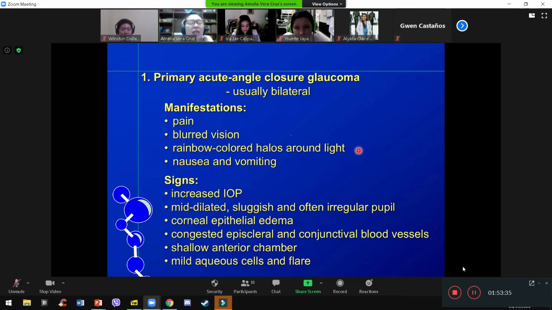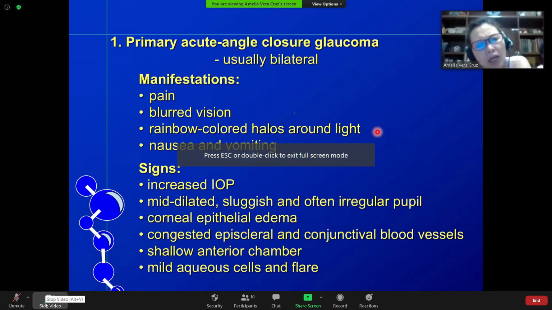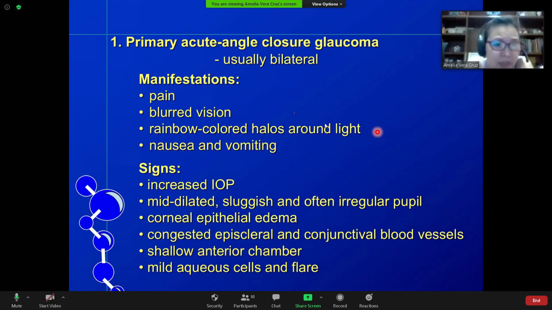Then nausea and vomiting. Bakit ka nga ba masusuka pag mataas ang pressure ng mata mo, aside sa pain? Bakit ka magsusuka if you have an acute increase in IOP?